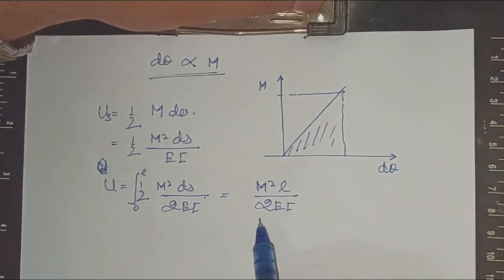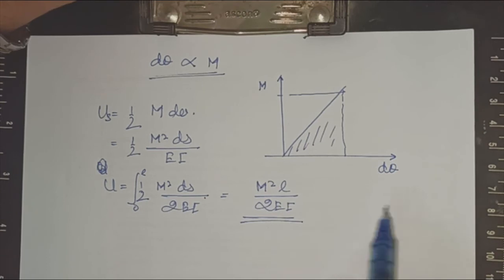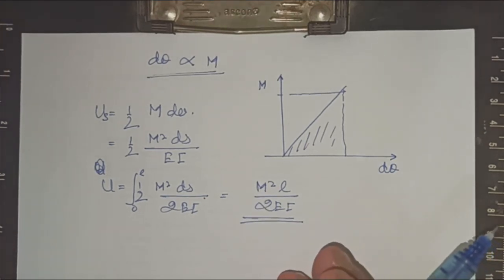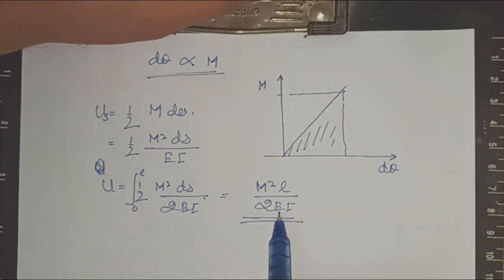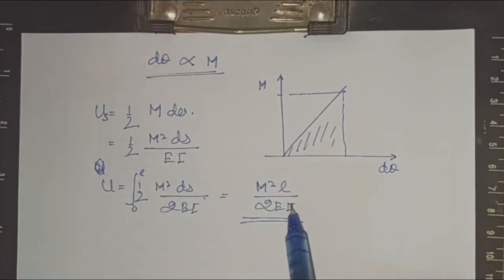This will be my equation for the strain energy. L is the length of the beam, M is the applied moment, and E and I are the material properties and moment of inertia. Again, I depends on the cross section of the beam.